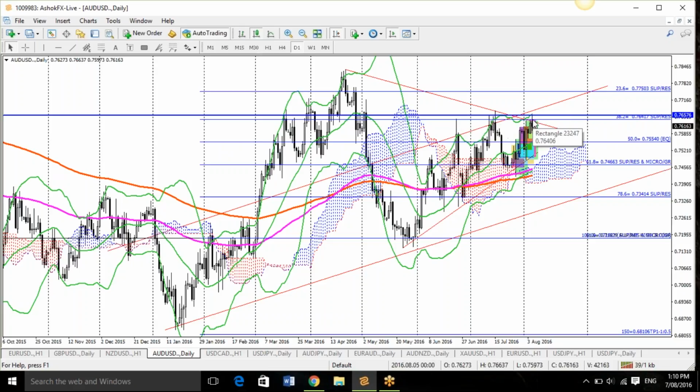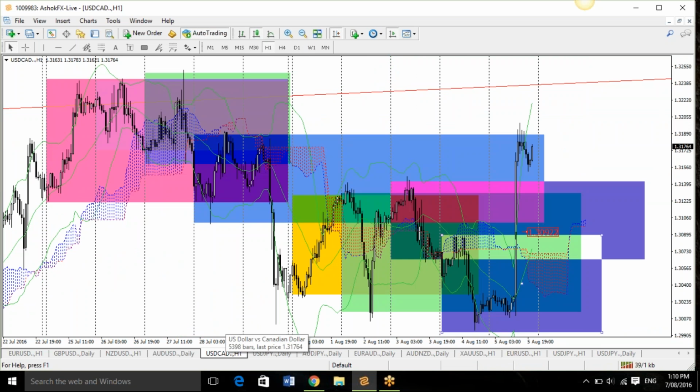W pattern shows that this has bullish movement, and also the Ichimoku shows that it's going to go up further. And if you look at USD Canadian, the Canadian went up a lot. I also made a little bit of money on dollar Canadian yesterday during NFP.